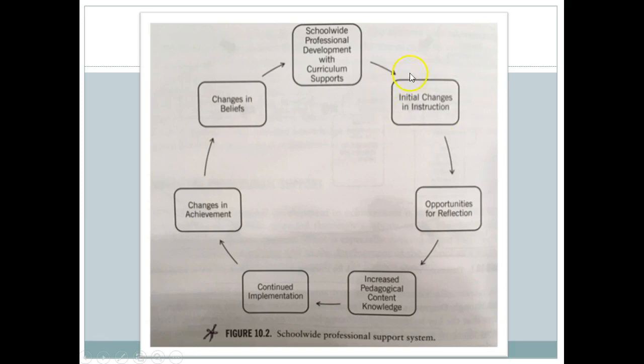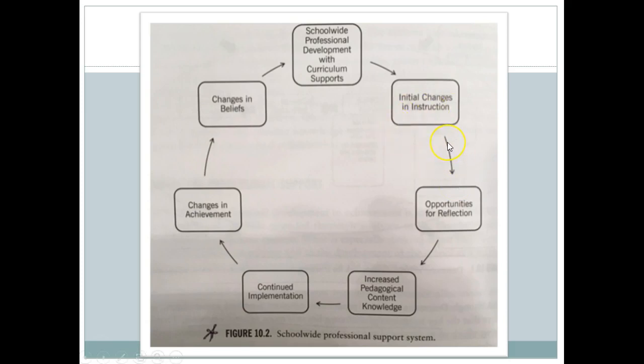Then after they have an opportunity to apply it in their classrooms, they need an opportunity to sit and reflect. And that's how, you see, they're likely trying out something new. So new kinds of challenges and pitfalls and questions and issues are going to arise.